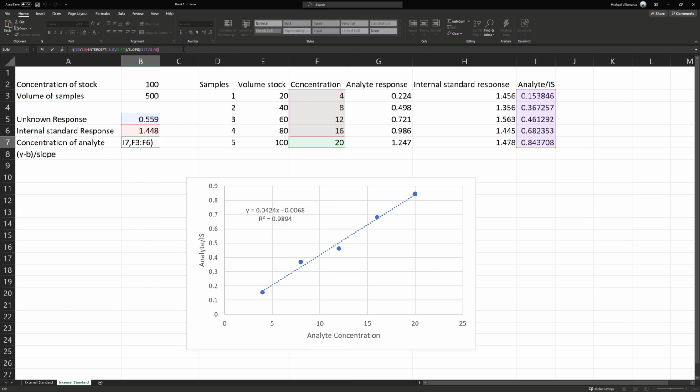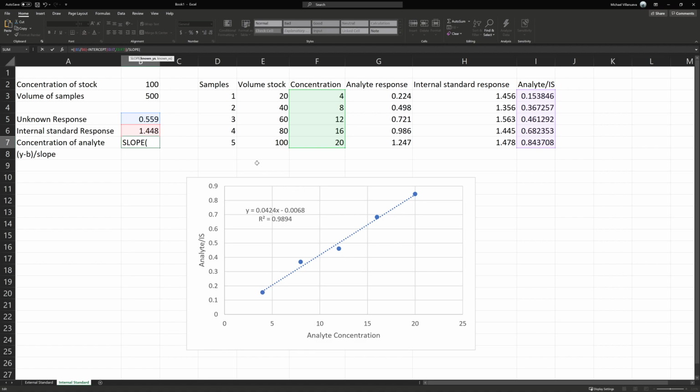There's a value that it can't solve. Divided by slope.